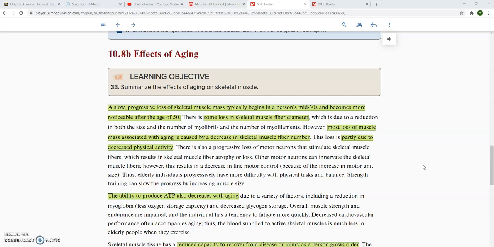All right, so you also have some, when we haven't talked about aging the nervous system, but motor neurons, you'll lose numbers of those as well, which are what stimulate our skeletal muscle fibers. So that can lead to our skeletal muscles atrophying and actually dying as well.